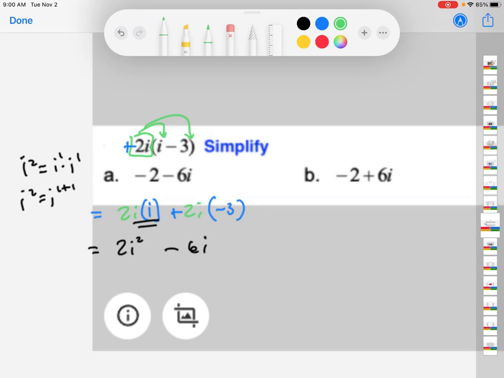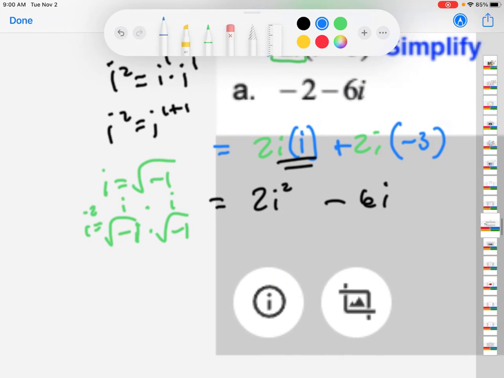But something we need to remember is that, what do pirates say? i is equal to the square root of -1. So if you do the square root of -1 times the square root of -1, for i squared, right, you have i times i. You basically have, these will cancel, and you're just left with this idea: i squared equals -1.